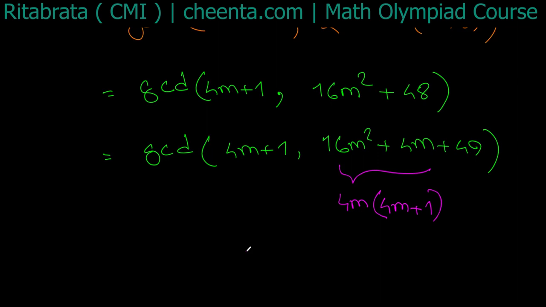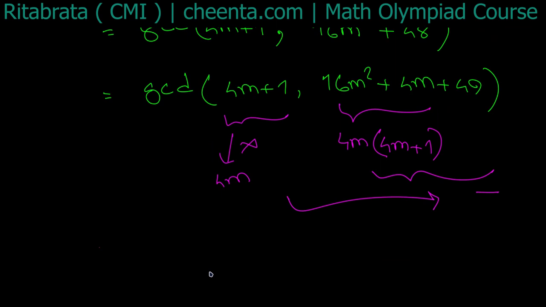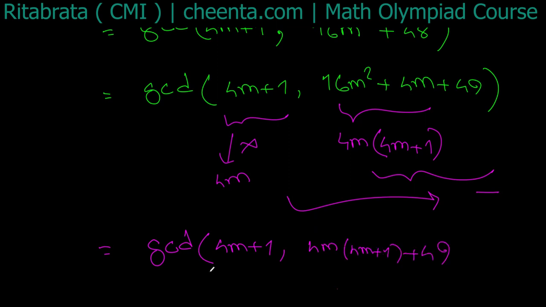I have got it. So I will just multiply this by 4m and then subtract it from the total equation. So this is the same as GCD of 4m plus 1, comma 4m into 4m plus 1 plus 49, and subtract with 4m plus 1 multiplied by 4m.